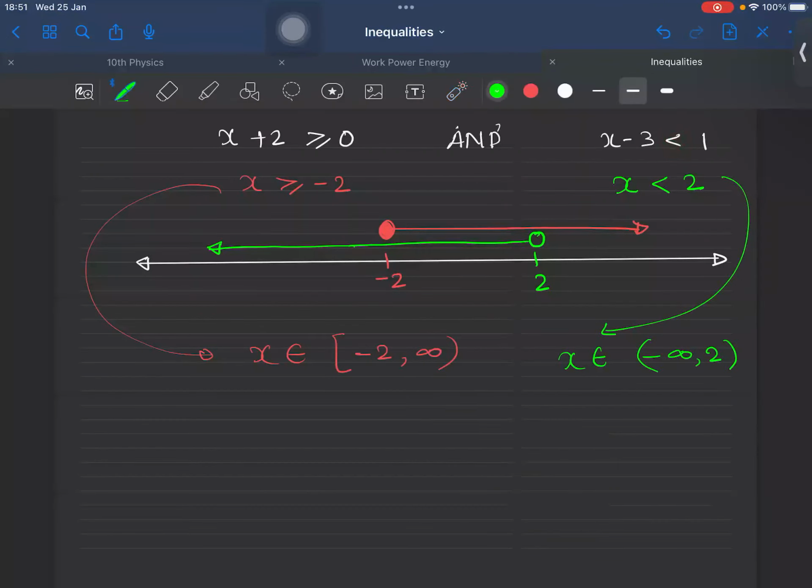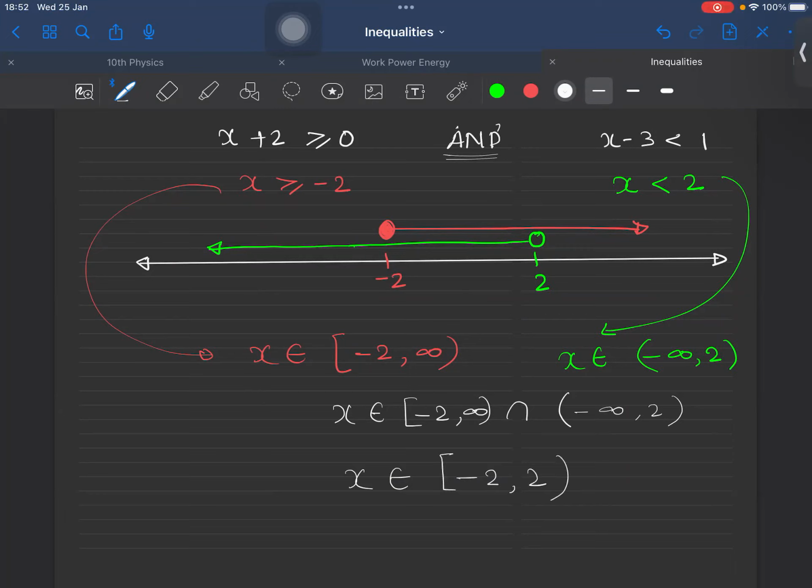We have to take the intersection, because we have an AND statement. Both inequalities must be satisfied by the value of x. So x belongs to -2 to infinity intersection -infinity to 2. If you take the intersection, we get x belongs to -2 to 2. This is going to be your answer for the AND statement.